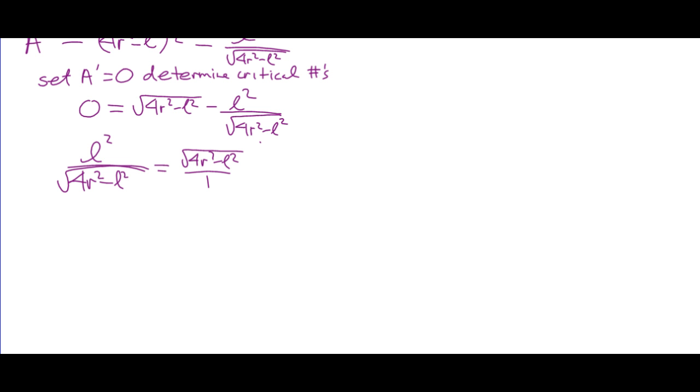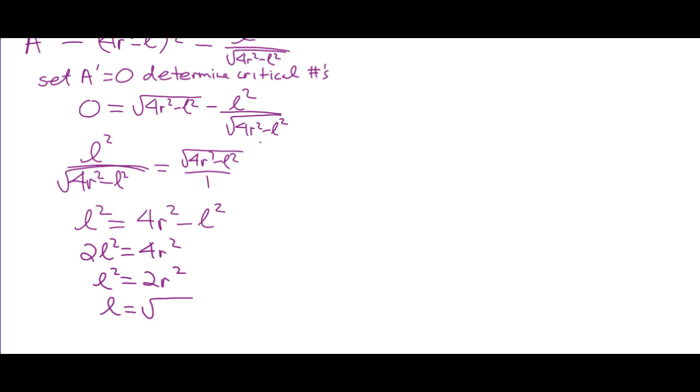So we can multiply both sides by that square root and get L squared is equal to just 4R squared minus L squared, because we're squaring the square root. So 2L squared is 4R squared, and L squared is 2R squared, and L is root 2 R.